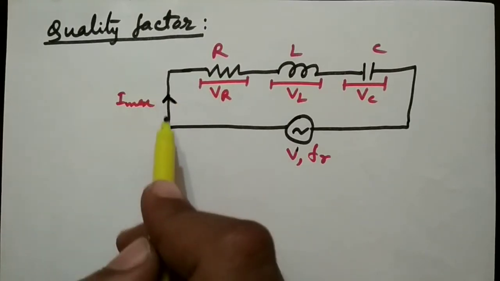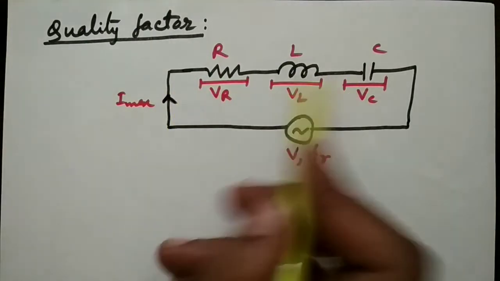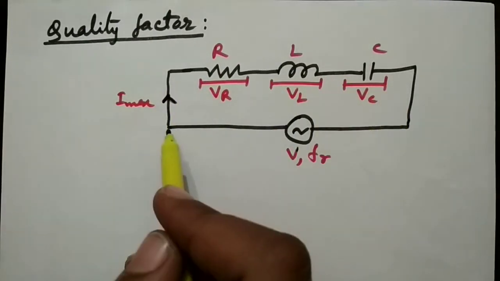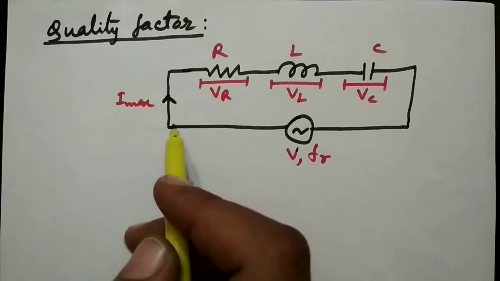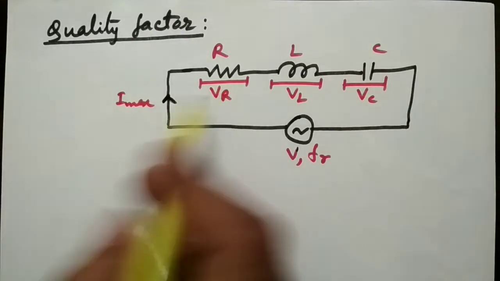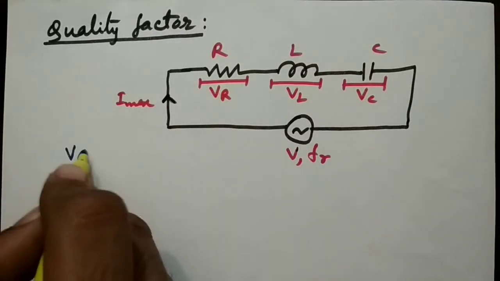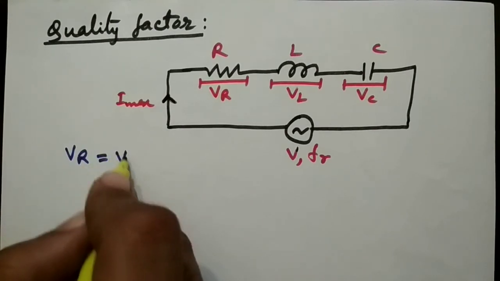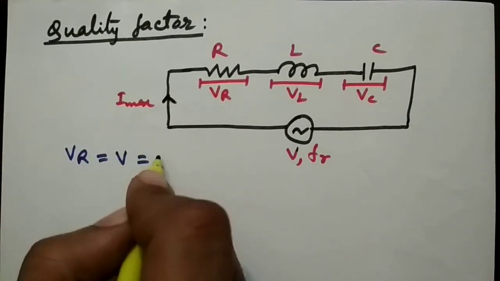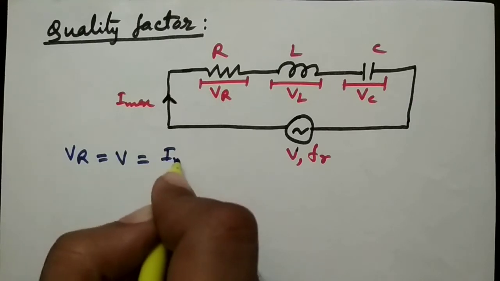So the maximum current will flow through each and every element of the circuit. The voltage drop across the resistance VR will be equal to the supply voltage at resonance, and this will be I max into R.